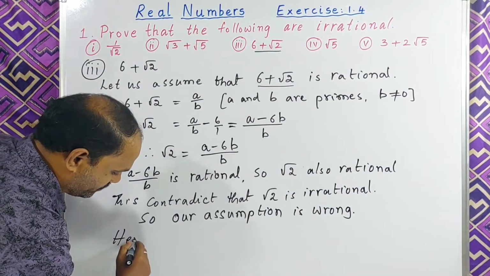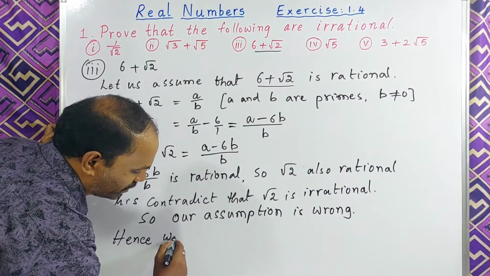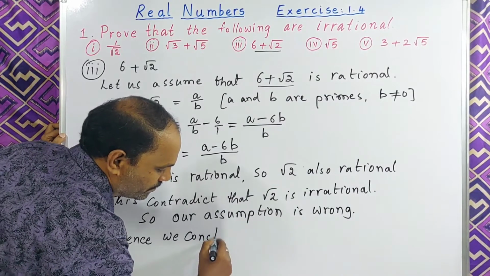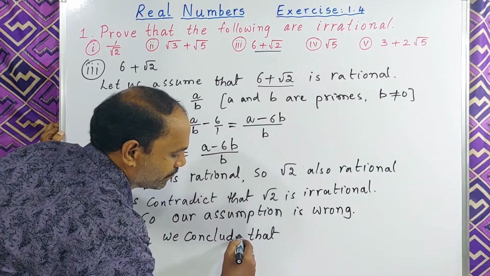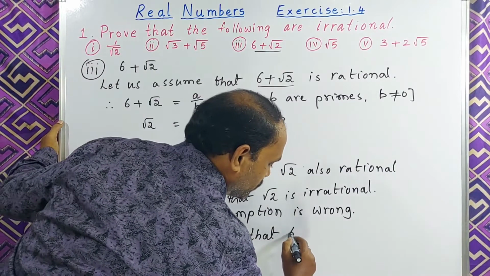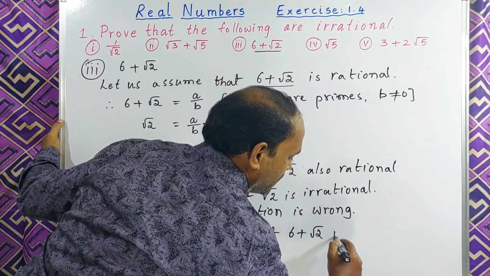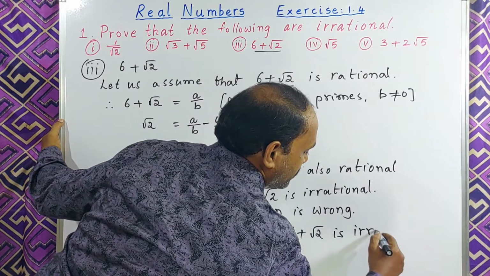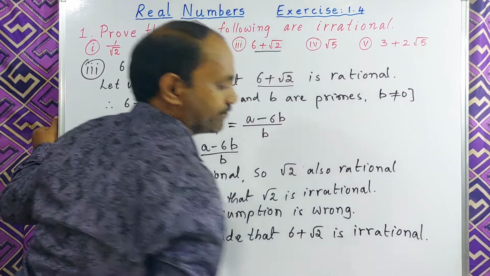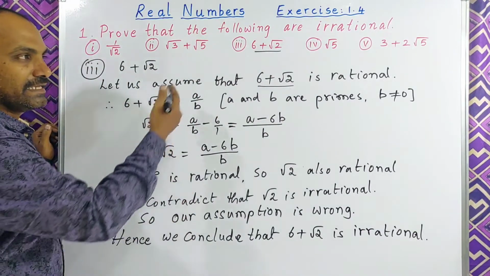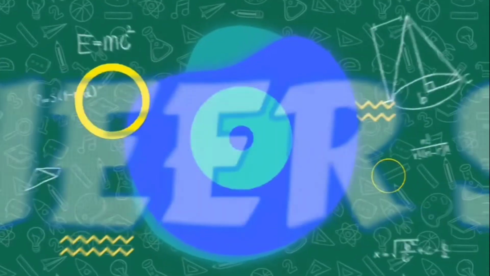Hence, we conclude that 6 plus root 2 is irrational. Is it understood? Let us check the next question.